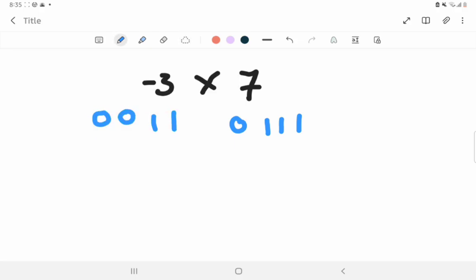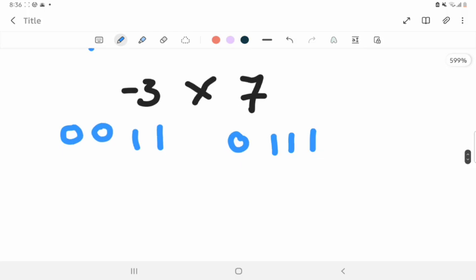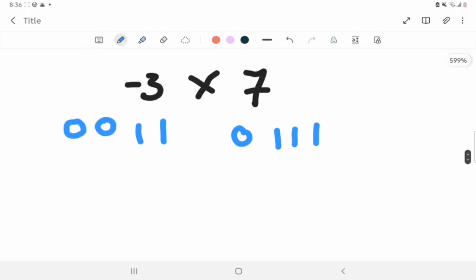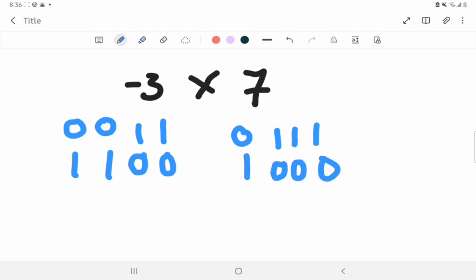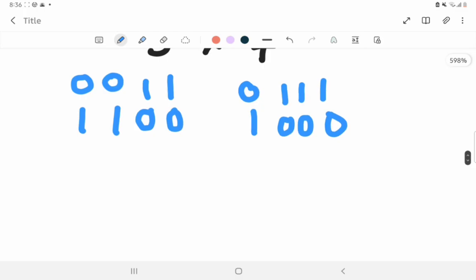So we need to change them to 2's complement. What do we do? First we change them to 1's complement. When changing from a binary number to 1's complement, we just flip it: if 0 then 1, if 1 then 0. Then we need to change it to 2's complement.